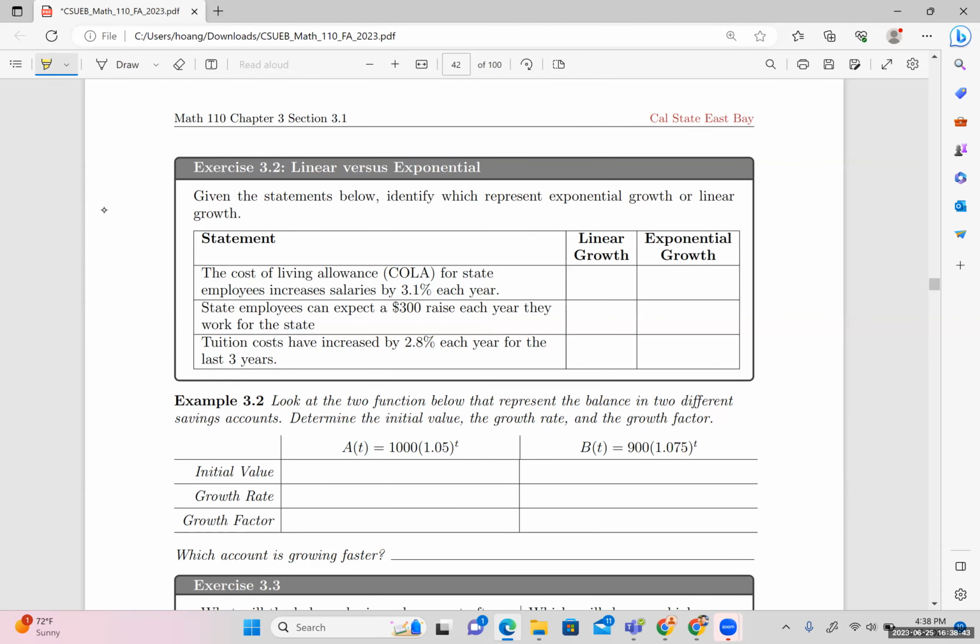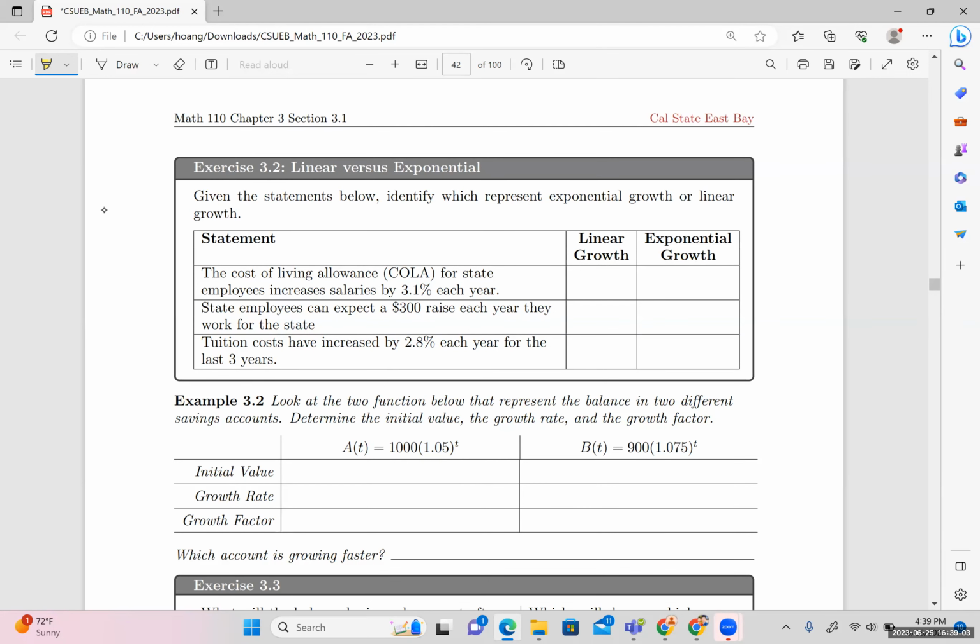Okay, so we're working on exercise 3.2 here. As a group, think about the statements below and identify which represent exponential growth or linear growth.